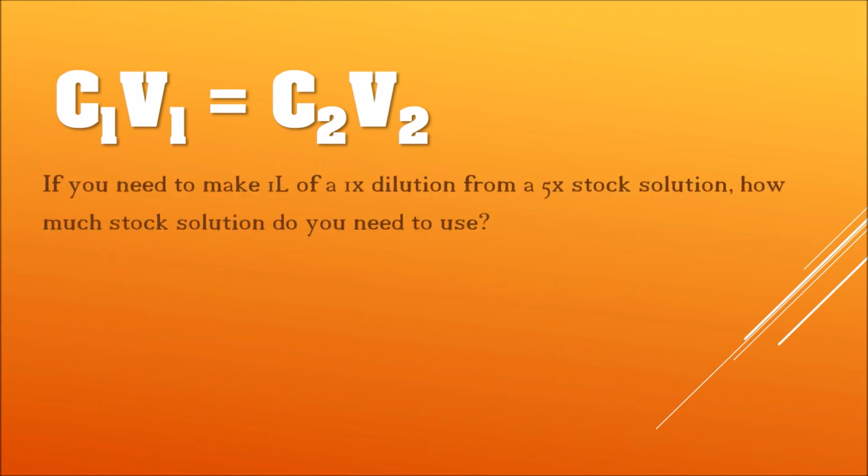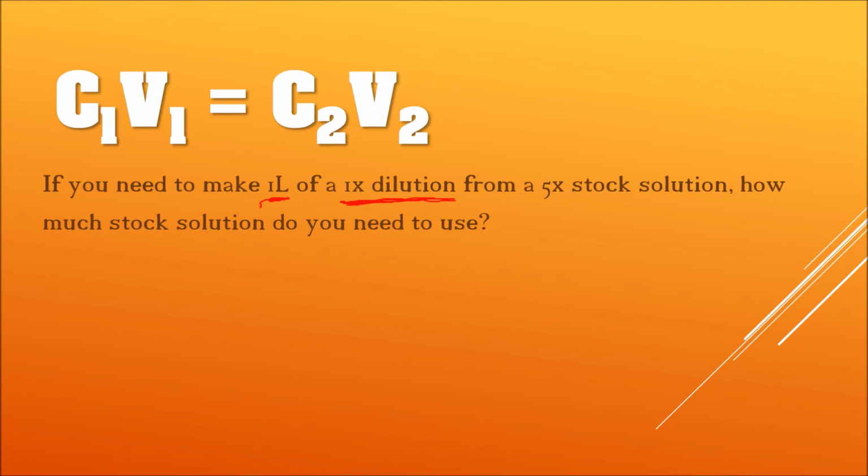Now here's another one. If you need to make 1 liter of a 1X dilution. Remember, I told you concentrations can be written in different ways. Up until now we've been using percentages, but if you see a number with an X after it, that is also a form of concentration. You don't need to be able to break down what this 1X is.